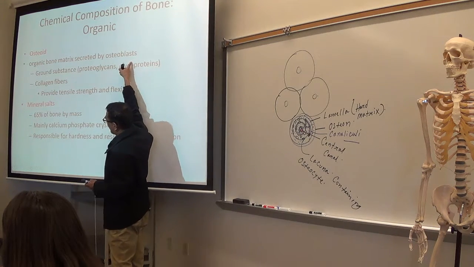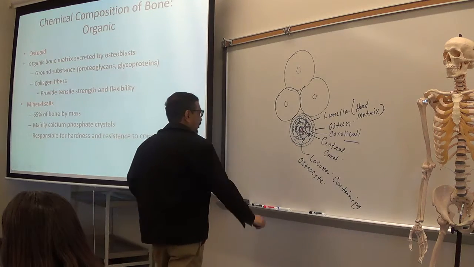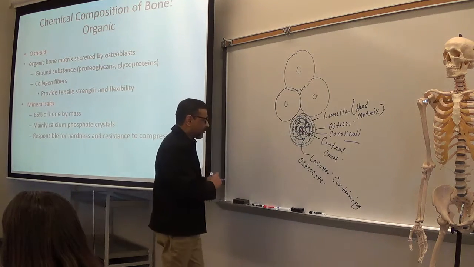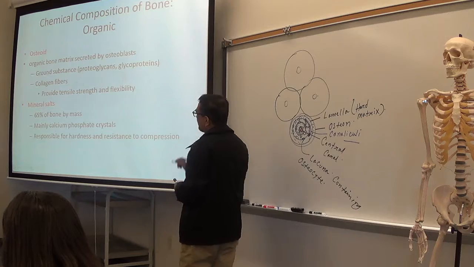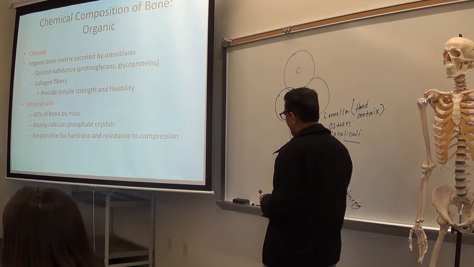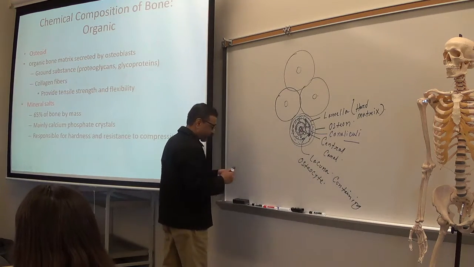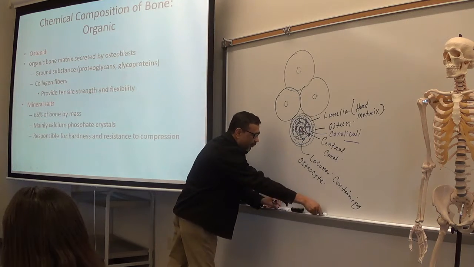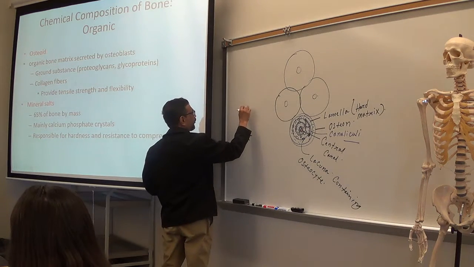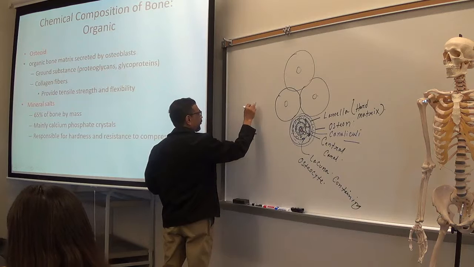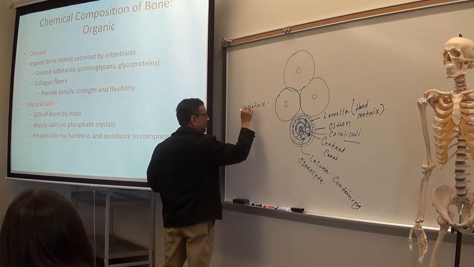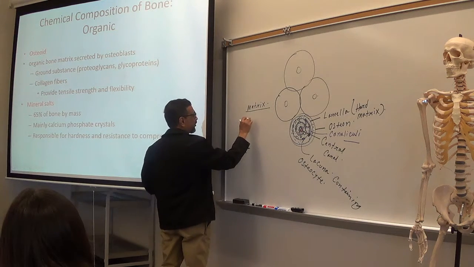Now, matrix contains fibers and ground substances. So the matrix is called osteoid and it contains fibers.